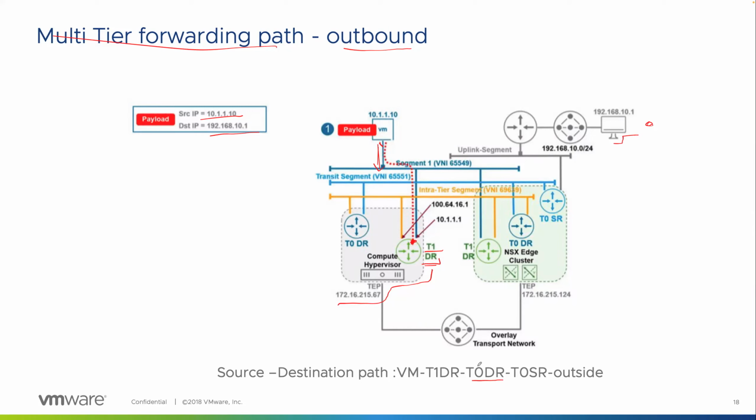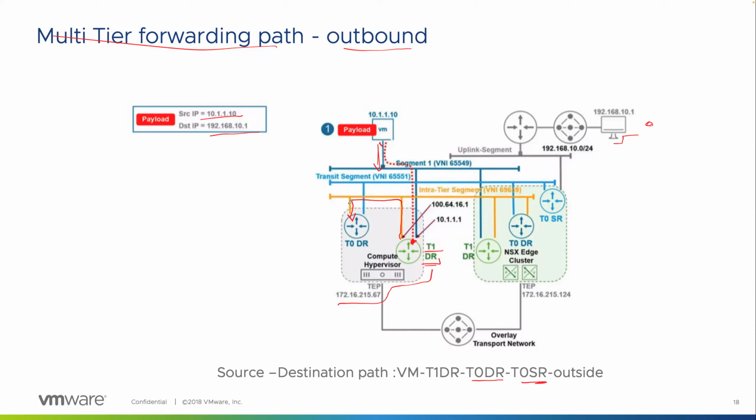to decide the next hop, which is T0DR. So next hop will be T0DR via what interface? Via this yellow interface to T0DR, right? The next step, T0DR will check its routing table to see the next hop, which is T0SR.